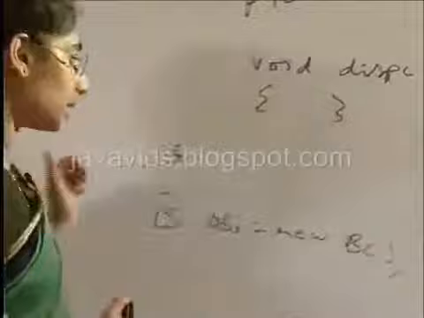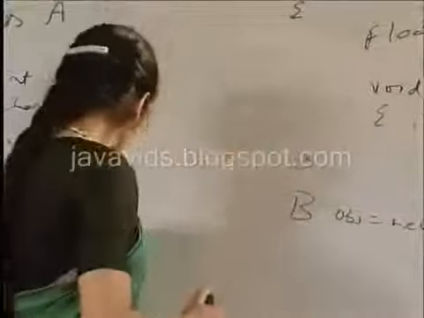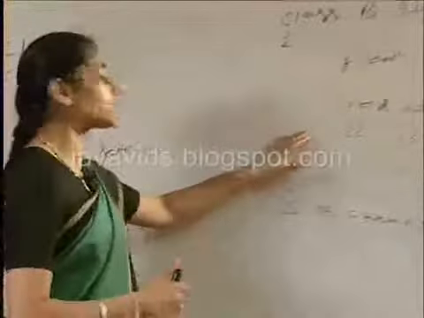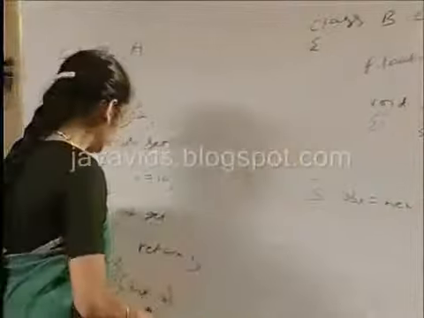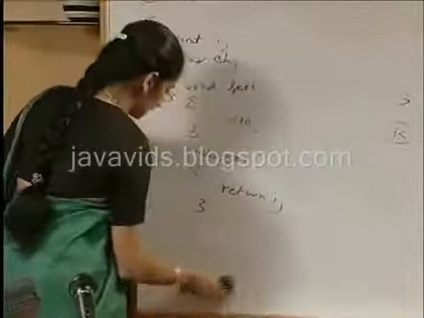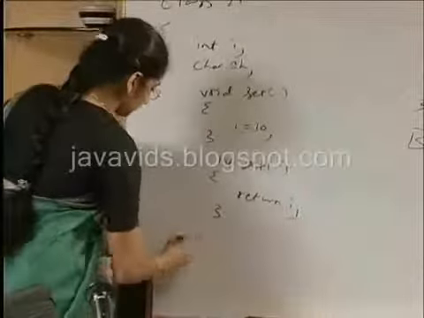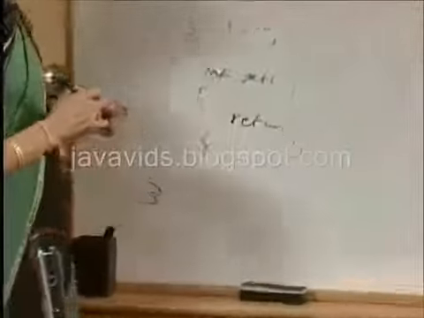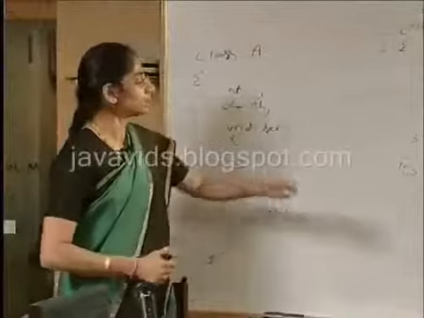Now what happens out here is, since we have a default constructor in class B, and let's assume that we have not written any constructor in class A as well, which means for both the classes we have a default constructor, right?